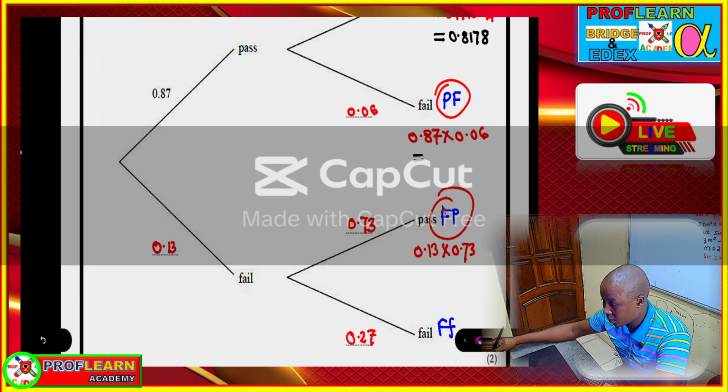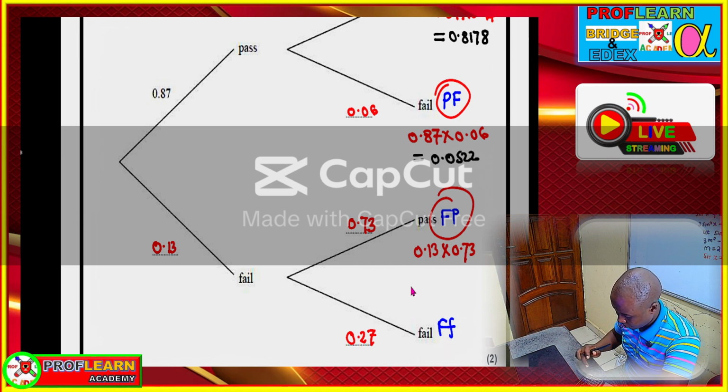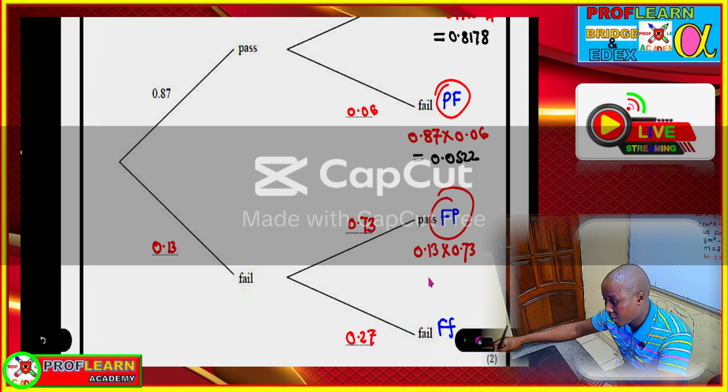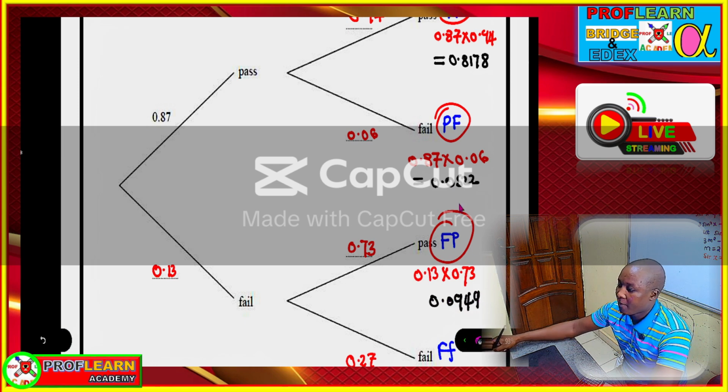This is going to give us 0.0522, and the last one here is 0.13 times 0.73, which is going to translate to 0.0949. So we are now going to add these together.